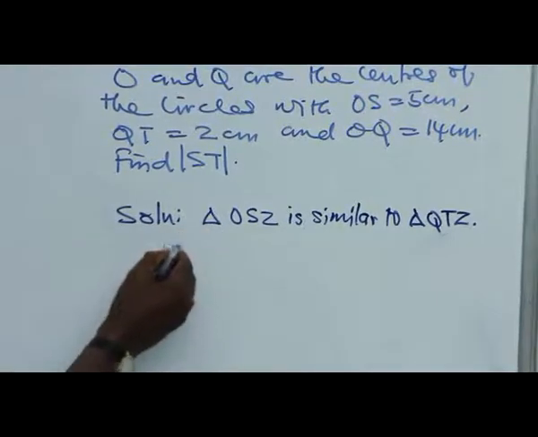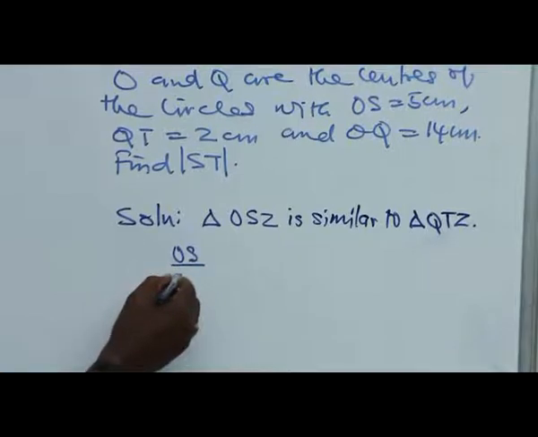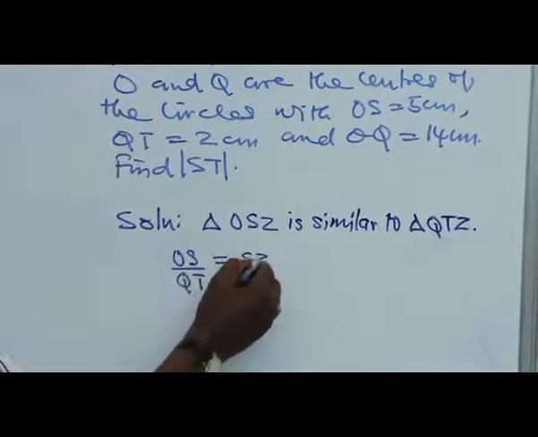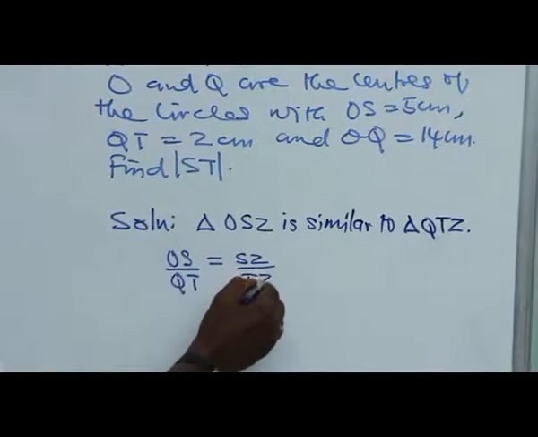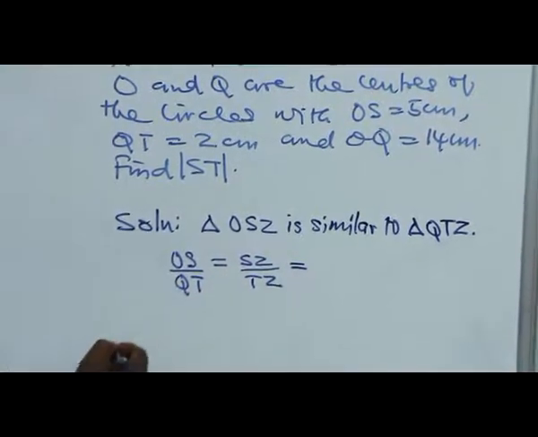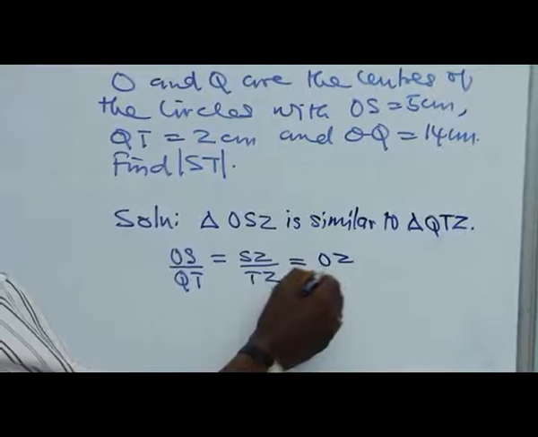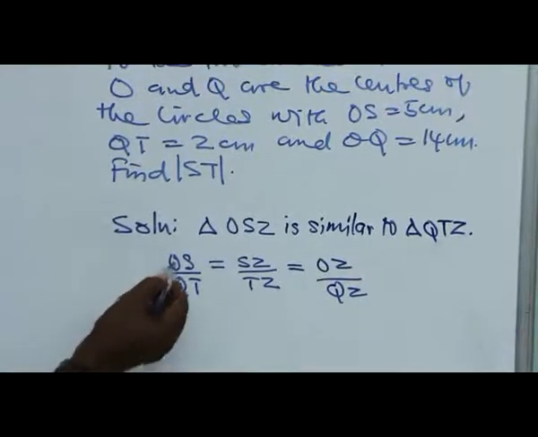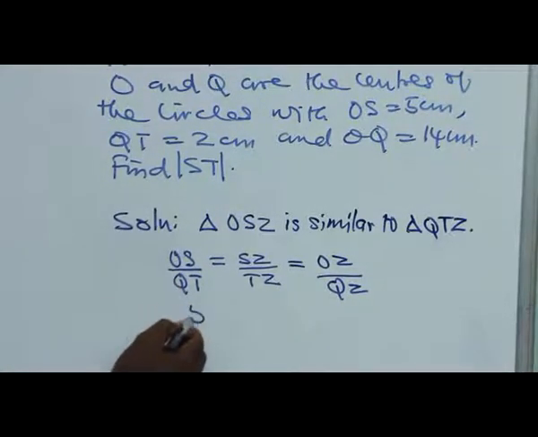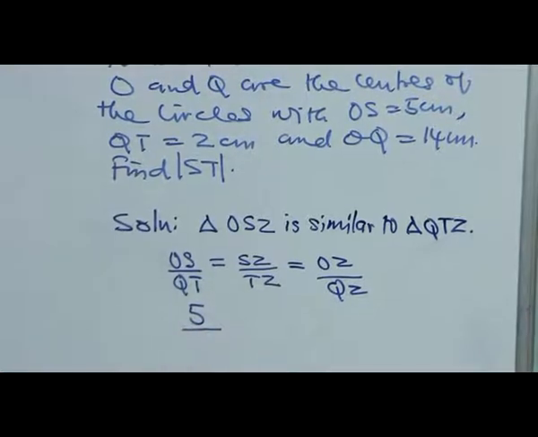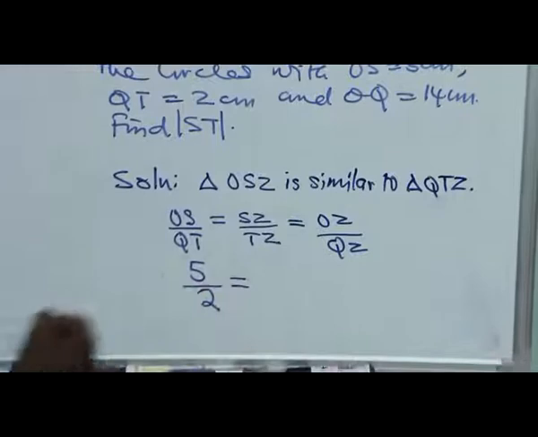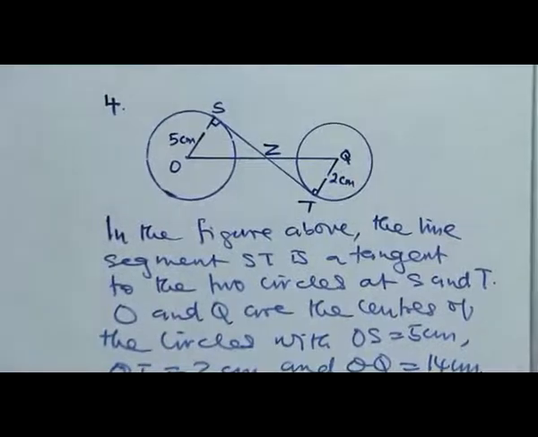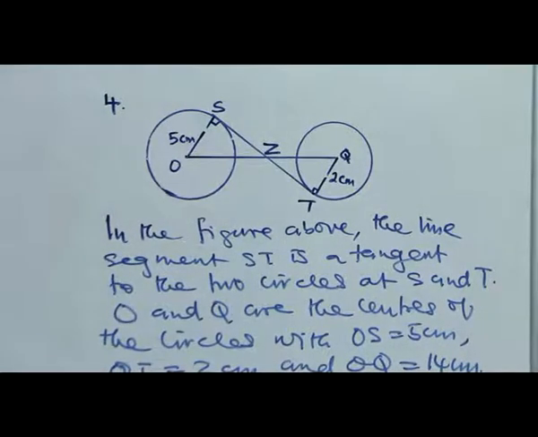In this case, the ratio of their corresponding sides, OS over QT, is equal to SZ all over TZ, and is equal to OZ all over QZ. You will see that OS is given to us as 5, and QT is given to us as 2. Our SZ is not known, but we are given OQ, so we have OZ.